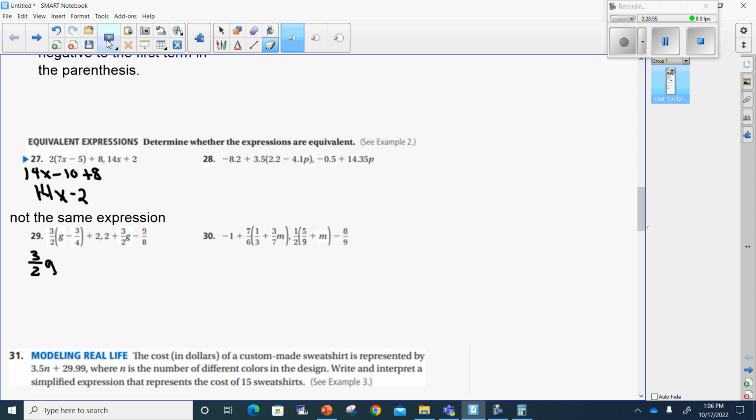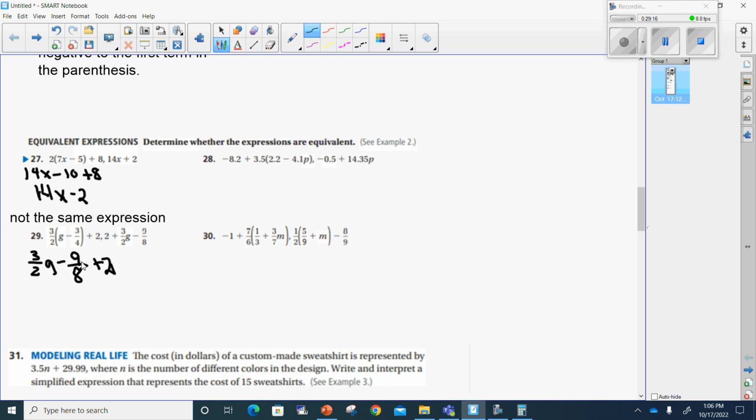All right, there we go. And this is going to be a negative, and this would be 9 over 8. And plus 2, okay? And then there's the comma there.